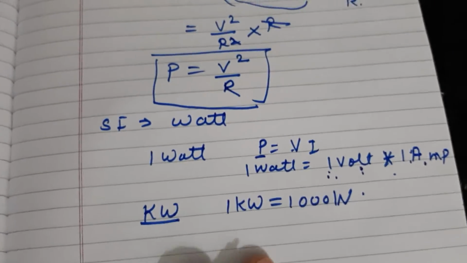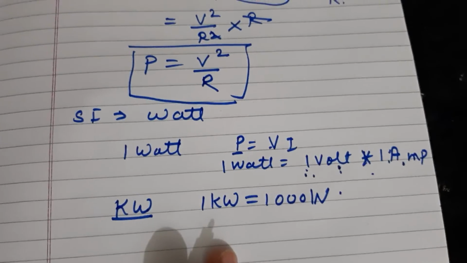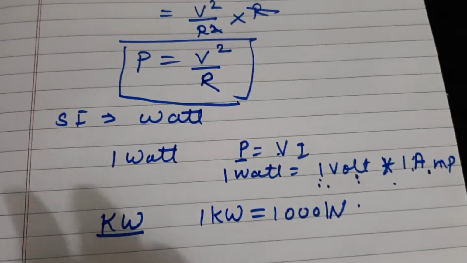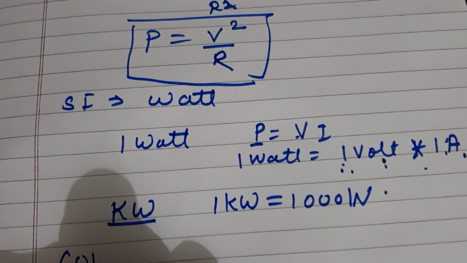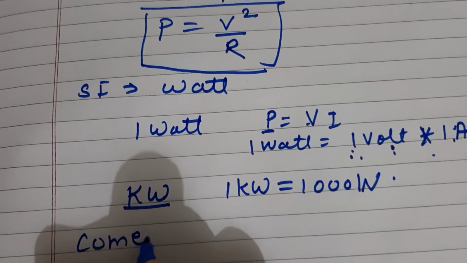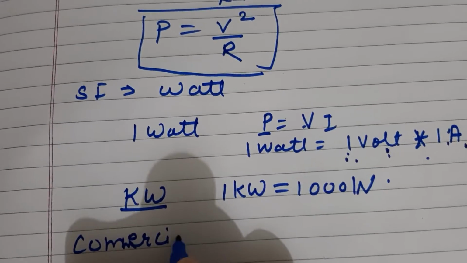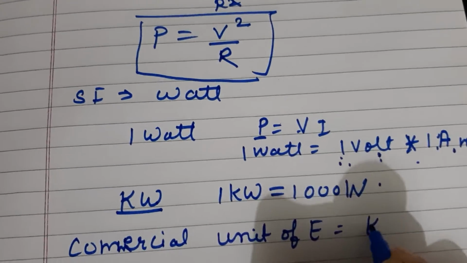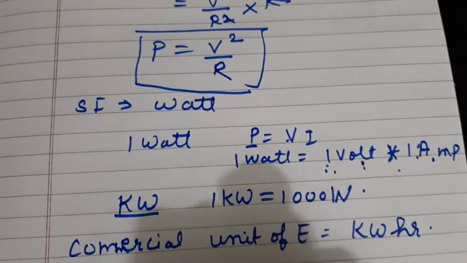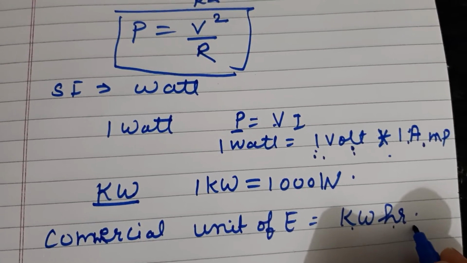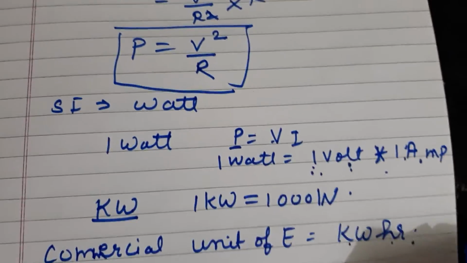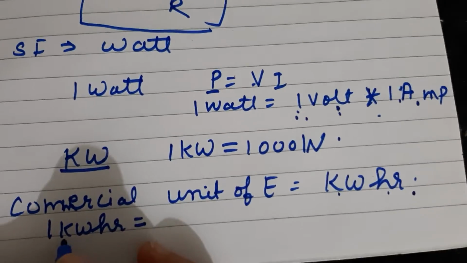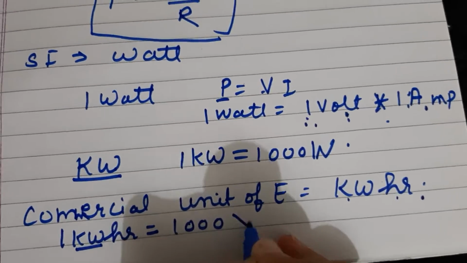Similarly, the smaller unit of energy, we know, is the joule. But the commercial unit of energy is the kilowatt hour. If we convert this commercial unit of energy into joules, then 1 kilowatt hour is 1 kilowatt, which is 1000 watt, into 1 hour.